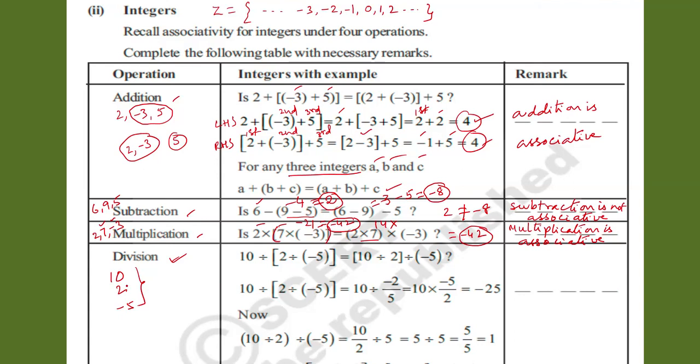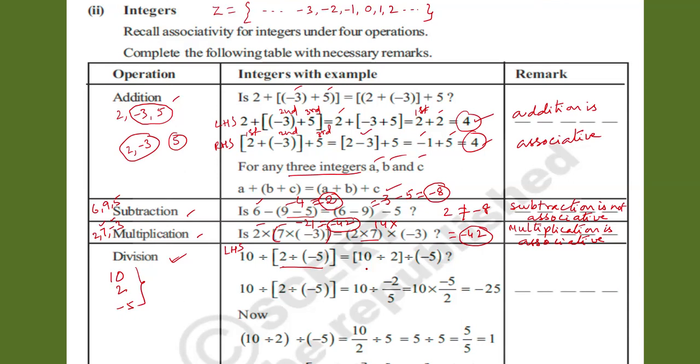In the first instance, what we have written in the brackets? 2 and minus 5. So that means we divide 2 by minus 5. Then that quotient divides the first number. That is the left hand side.